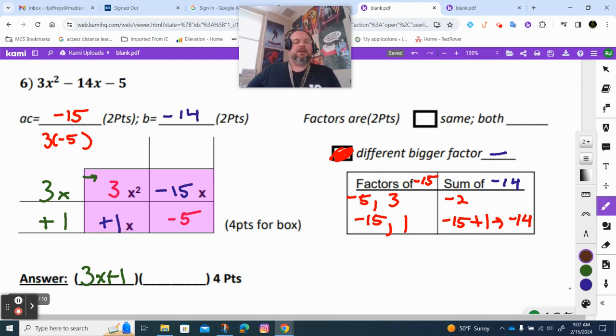Going vertical. What's the only thing I can take out of this column? An X. Aha. Now let's look at this. I have a negative right here. That means this has to have a negative come out. What's the biggest number that will divide 15 and 5? 5. And there you go.